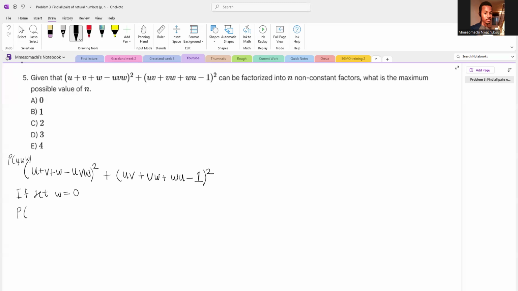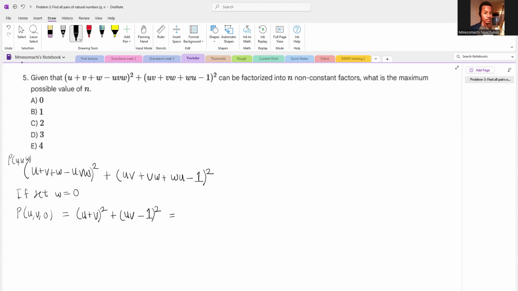So P(u, v, 0) will become (u + v)² plus (uv − 1)², since the terms with w become 0. The good thing about this is that it is a much easier expression to expand and to factorize back again.